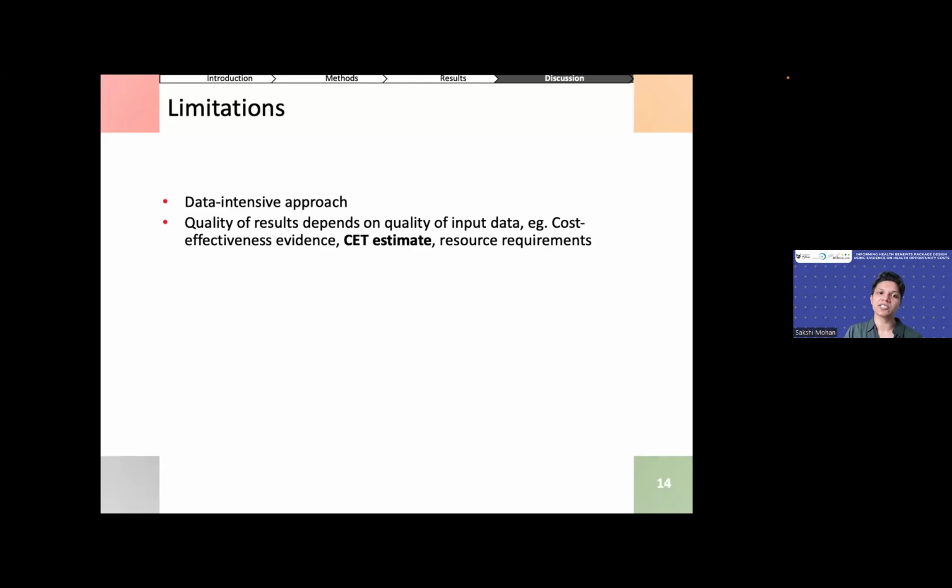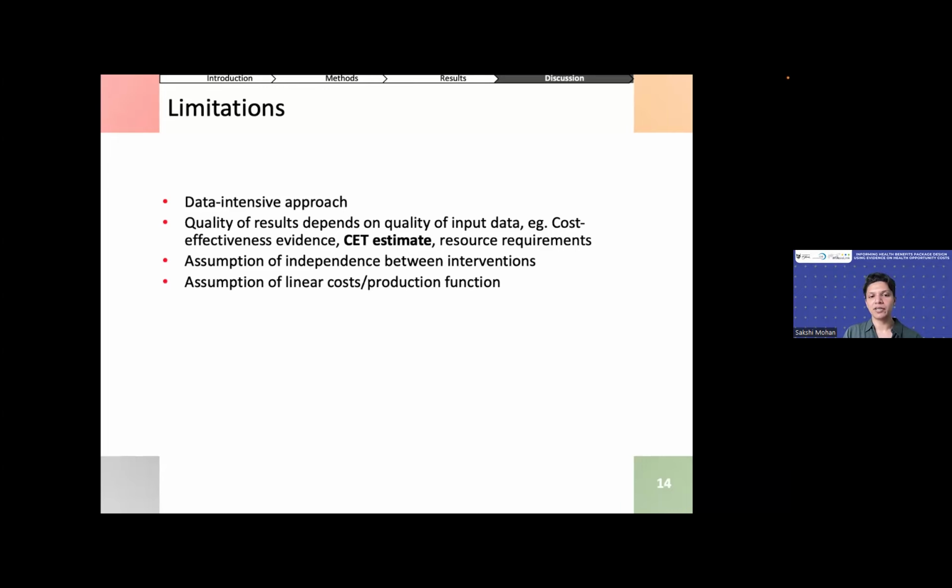So the results are as good as the cost effectiveness evidence, the threshold estimate, and the resource requirement data that we have. We also assume independence between interventions, which just means that there's no interaction between either the conditions or the treatment effects of interventions. And finally, we assume a linear production function, so economies of scope or scale are not included.